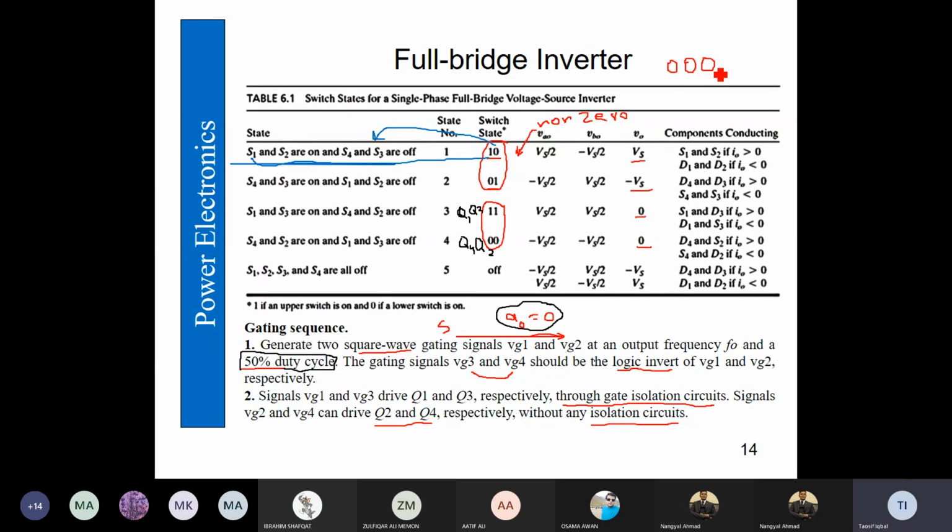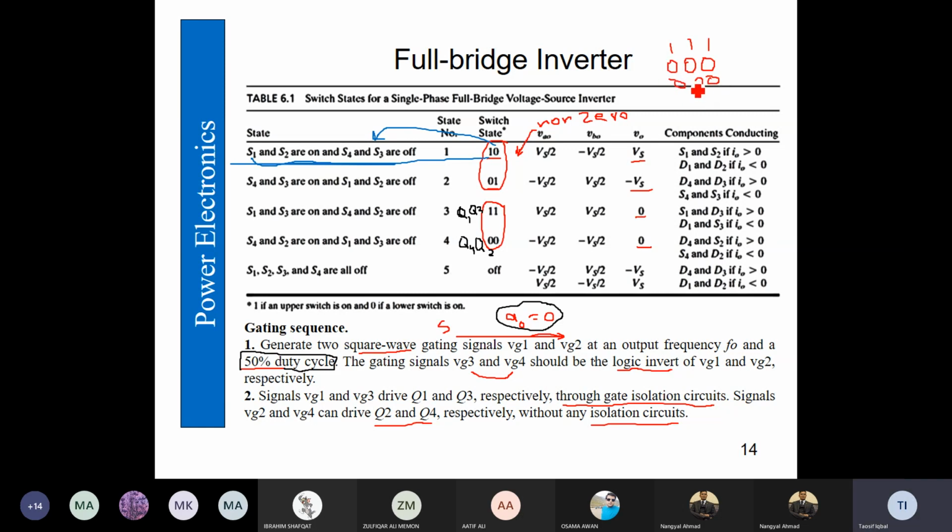And between these 8 switching states, only 6 switching states are the useful ones, and 2 are zero states for 3-phase, and those are 1, 1, 1, all upper switches on, or 0, 0, 0, all lower switches on.